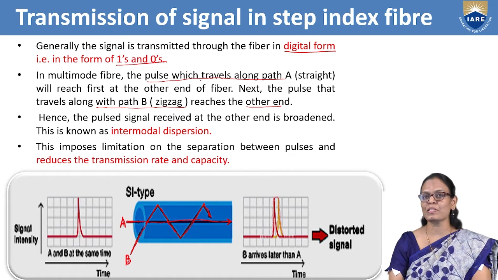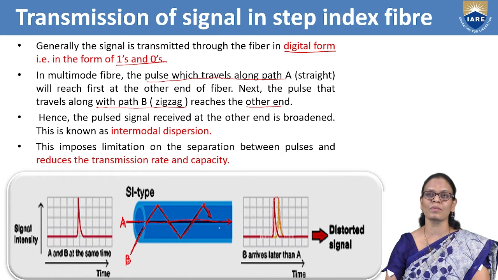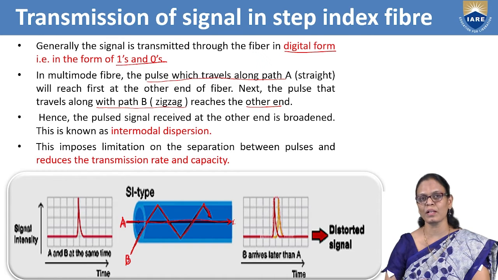The pulse A, which travels along a straight path, will reach first. We all know the straight line distance is always the shortest distance. So suppose this is the other end, the output. Signal A will reach fast, and later this signal B, traveling in a zigzag manner, will reach.